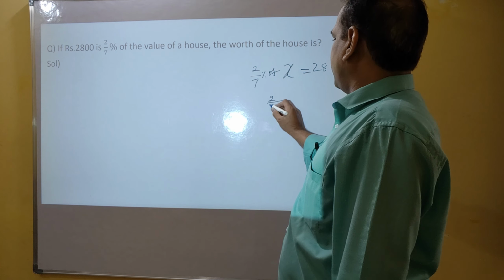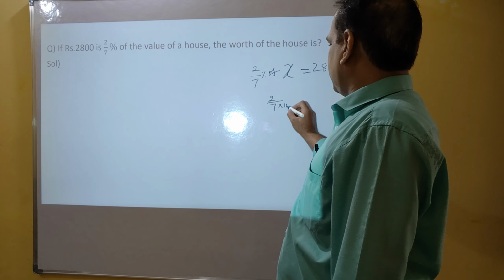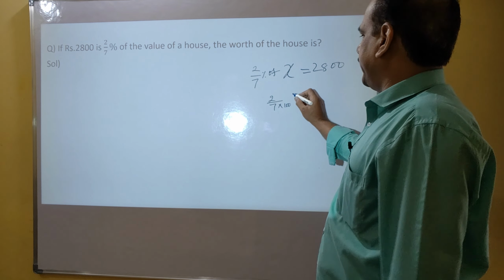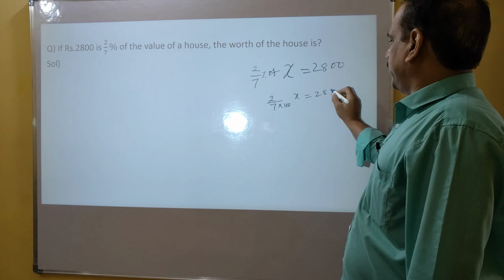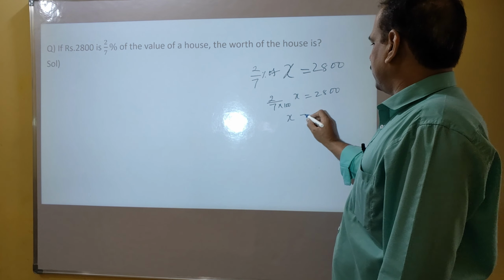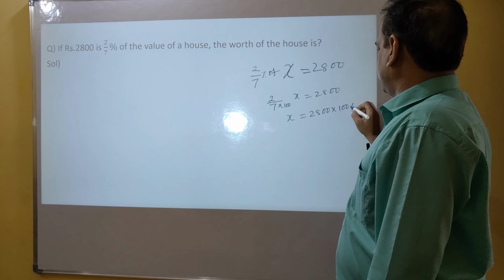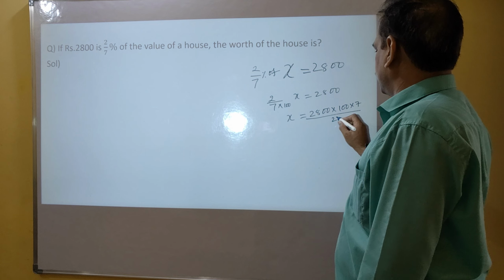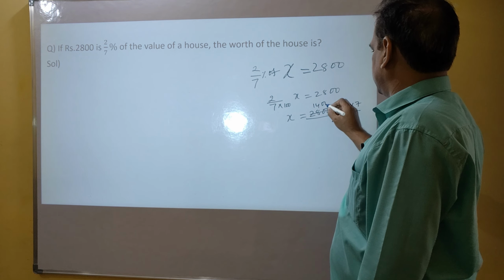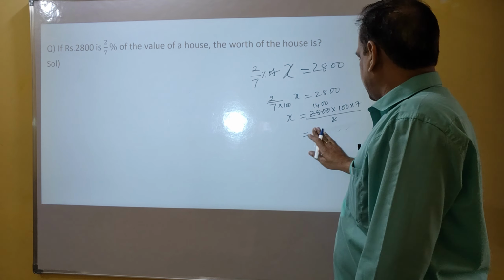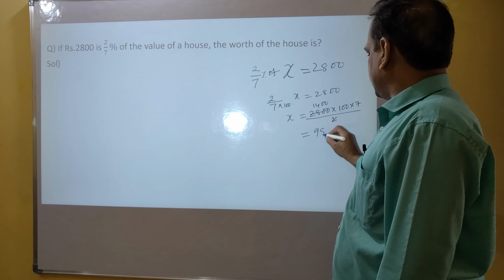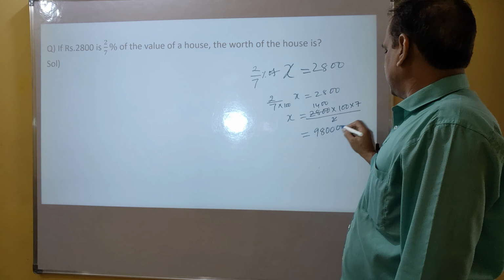So 2 by 7 by 100 means you will get 100 in the denominator, x equal to 2800 into 100 into 7 by 2. So the answer is 9,80,000.